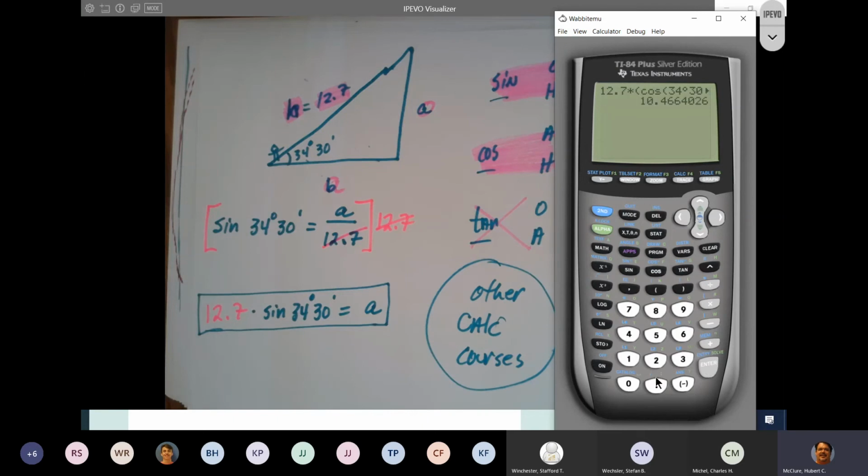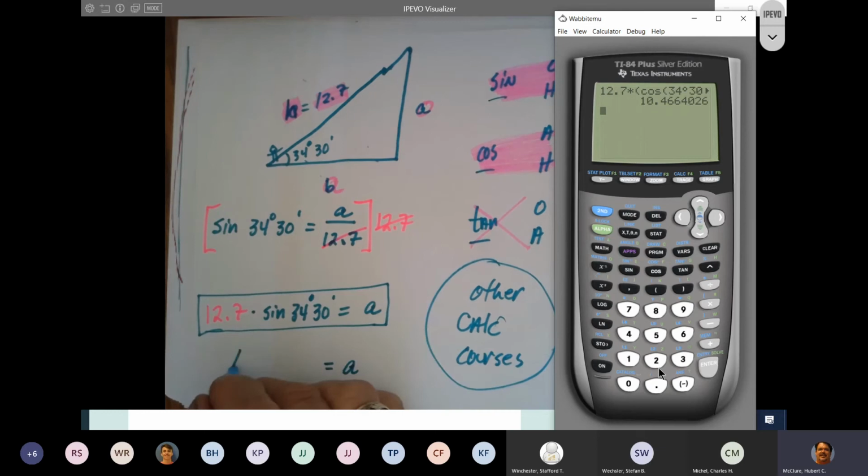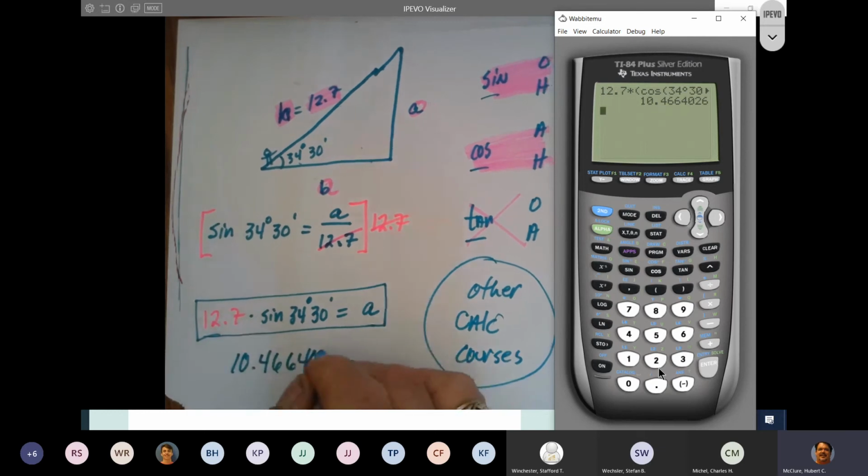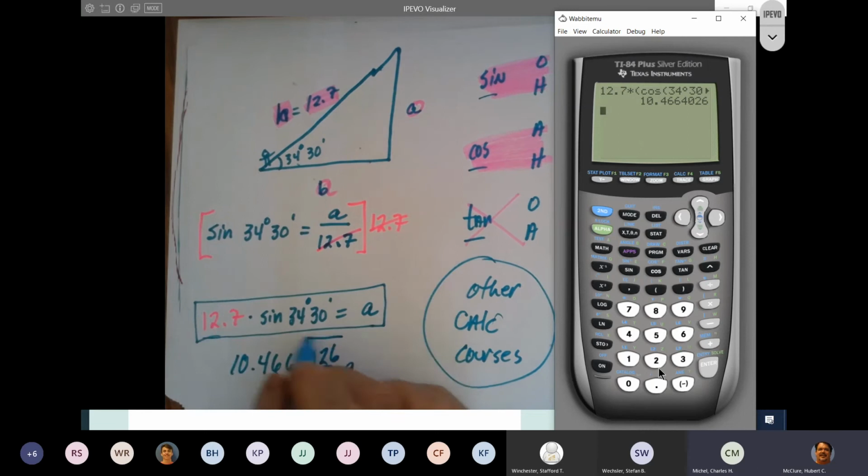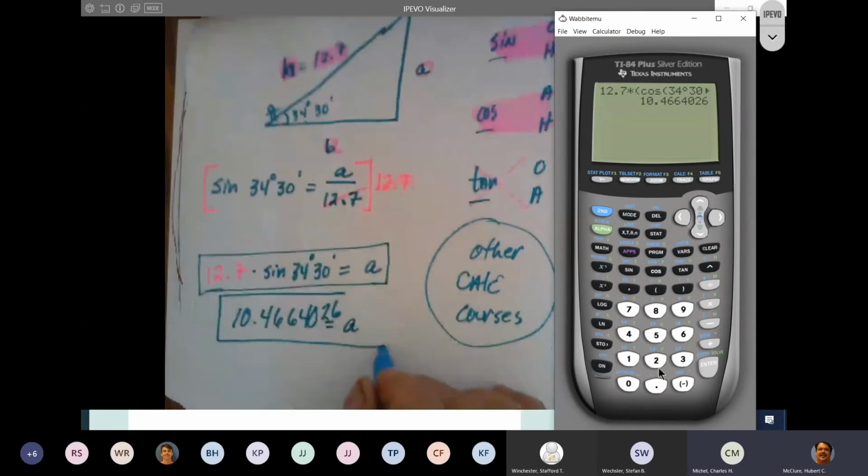And that is my A leg, 10.466. A is equal to 10.4664026.